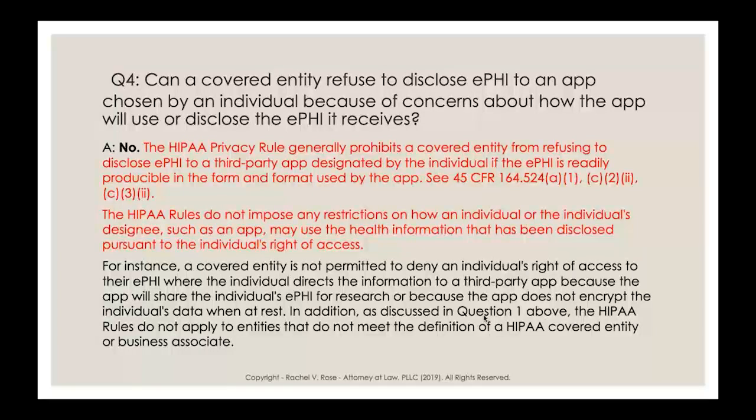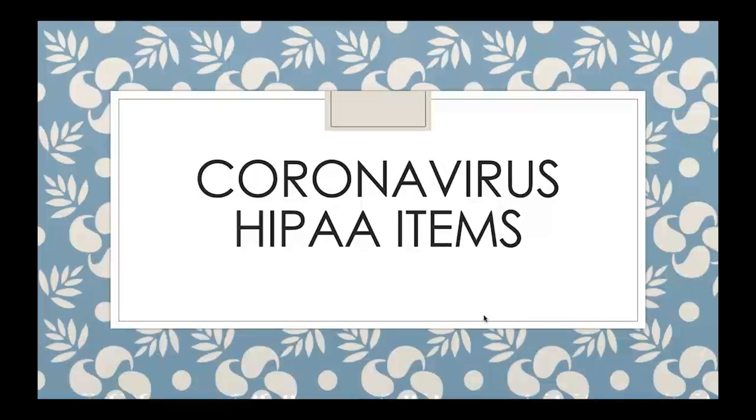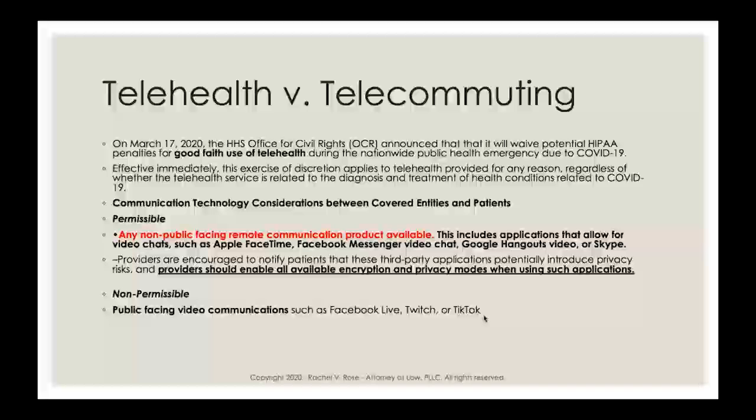Although the HIPAA rules do not impose any restrictions on how an individual or the individual's designee, such as an app, may use the health information that has been disclosed pursuant to the individual's right of access, again, you need to be careful about ransomware attacks, about malware, about who created that app, and are they a legitimate entity, or is your information being used in a way that you never intended it to be used? So again, that's something you need to be very, very conscious of across all fronts.